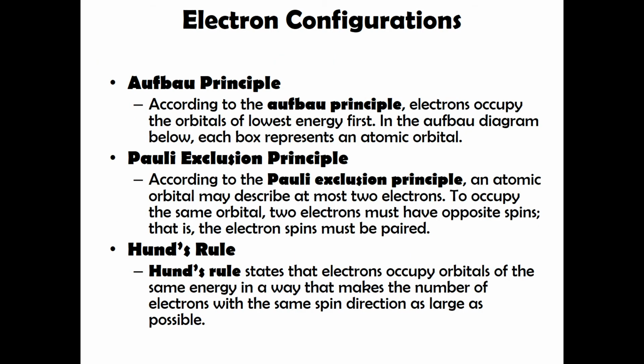First, the Aufbau principle. According to the Aufbau principle, electrons occupy the orbitals of lowest energy first. In the Aufbau diagram, which I'll show you on the next one, each box represents an atomic orbital. So electrons want to fill the ones that have the lowest energy first. Now, you may think that each energy level is increasing in energy, that the third energy level has more energy than the second.